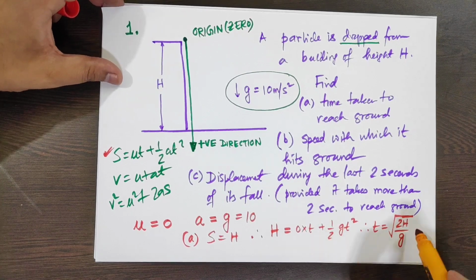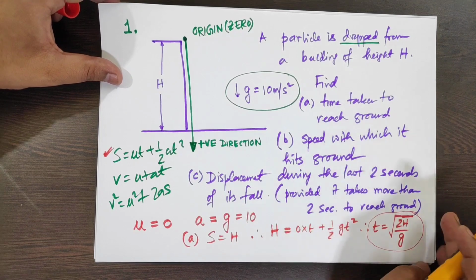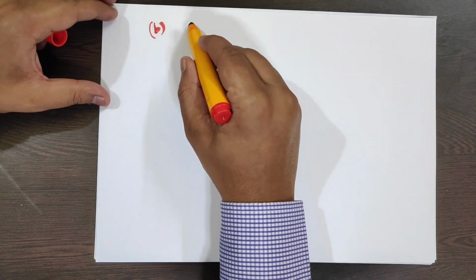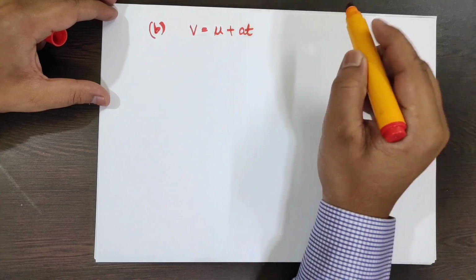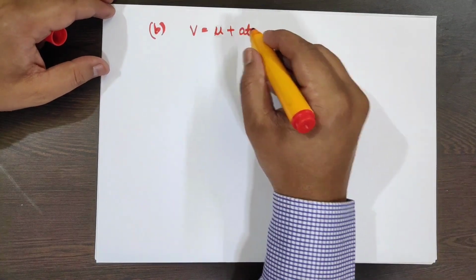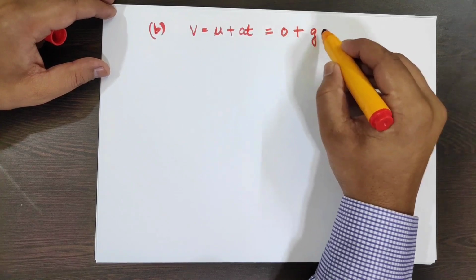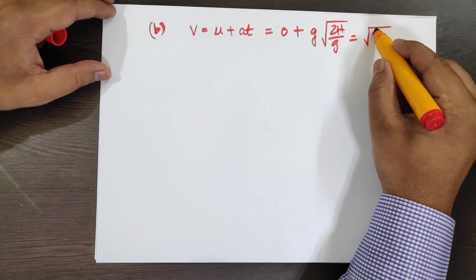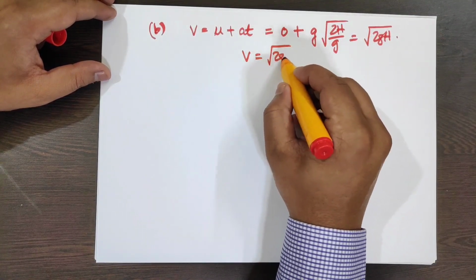So this is the time taken to reach ground. Now part B, the speed with which it hits ground. As you have calculated the time t, you can use v equal to 0 plus g into root over of 2h by g. So that is root over of 2gh. So v is equal to root over of 2gh.